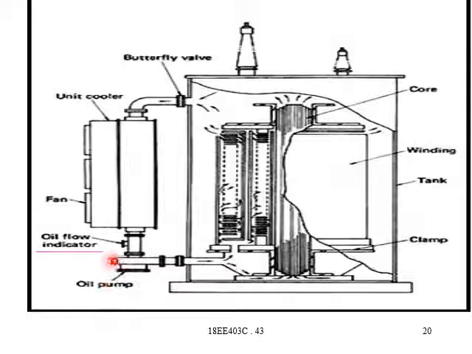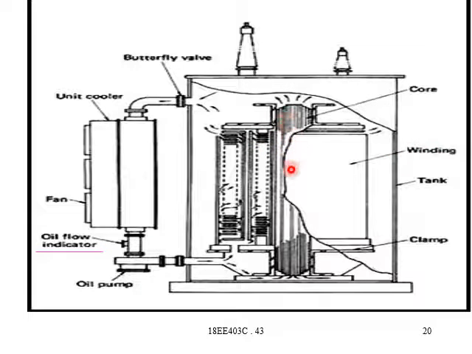So here you can see this is the transformer tank. This is the transformer with the core, and these are the windings.